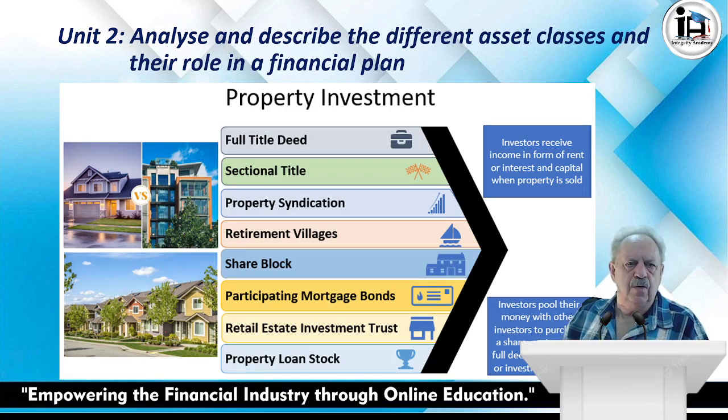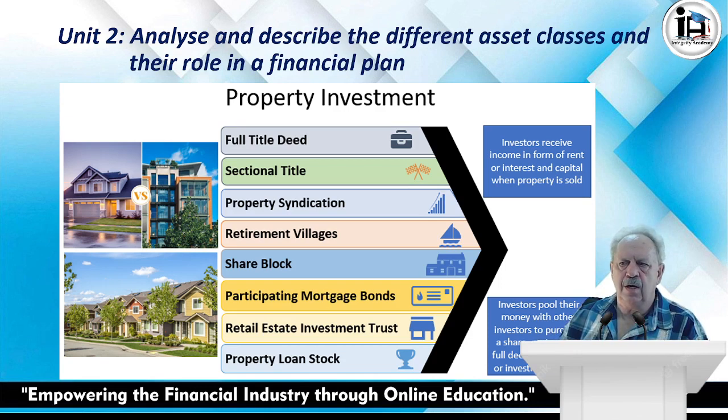Right. If we look at property as an investment, there are various kinds of properties that we can look at. The one is a full title deed property. That's where you are the owner of the property. You've got the title deed and it belongs to you completely. Then you get sectional title properties, property syndication, where a group of you come together and you invest in a property.